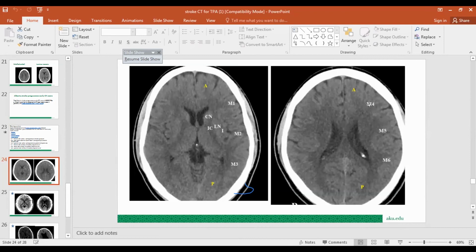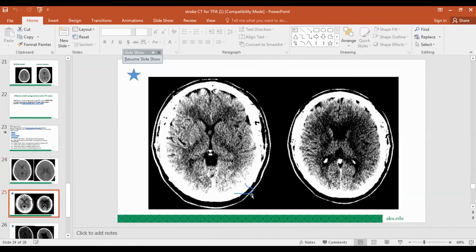And when you go just one level above it, which is at the level of the body of the lateral ventricle, M4 is just above the M1, M5 is above M2, and M6 is just above M3. It's easy. So if you are asked to calculate ASPECTS in this patient, you can see, comparing from the right side, there is loss of gray and white matter differentiation in the caudate, lentiform, internal capsule, as well as there is loss of gray and white matter differentiation in the left anterior as well as the posterior temporal lobe.